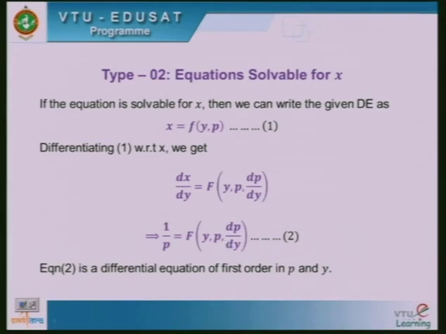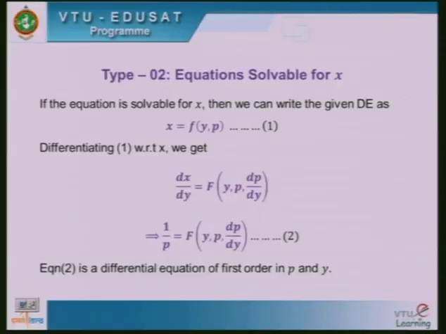Before that, type 2. So far I discussed type 1. Type 1 are equations which are solvable for p. Now equations solvable for x. Of course, if it is solvable for x, I can express the given differential equation as x equals to f of y, p, x in terms of y and p.